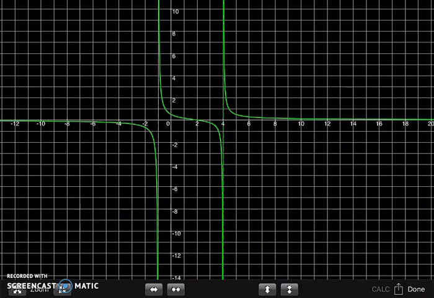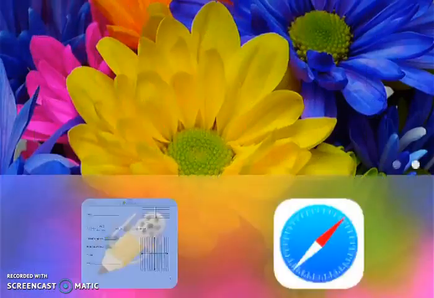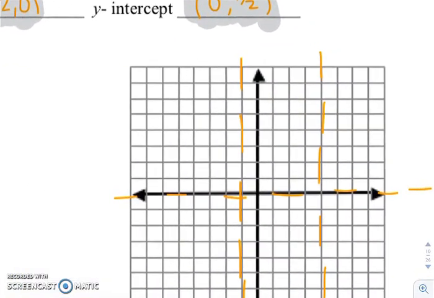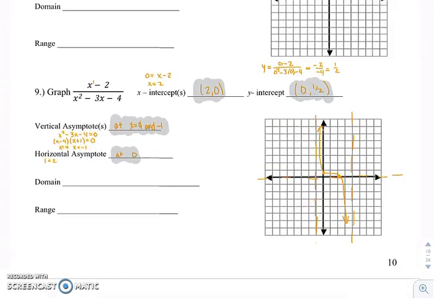So let's go ahead and try to graph that center section. I know that I've got a point at (0, 1/2), and x-intercept of 2, so I can draw that in there. And this is just a sketch.